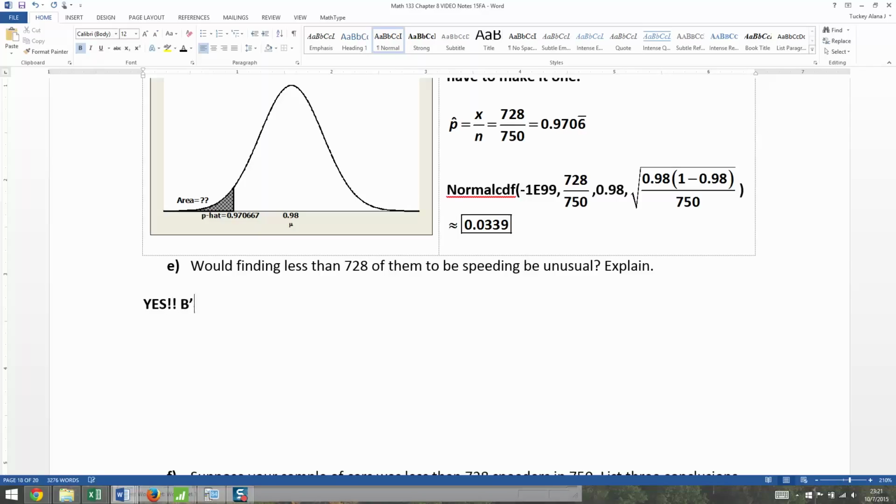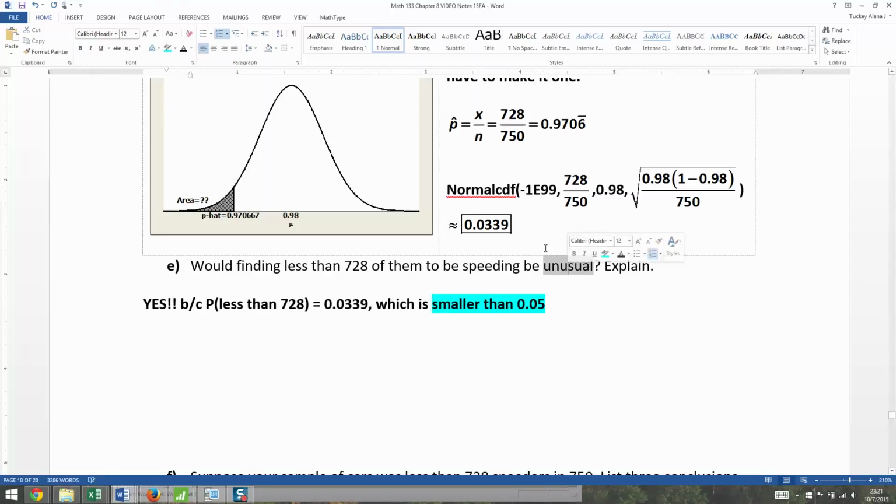Because the probability of less than 728 is equal to 0.0339, which is smaller than 0.05. Remember, unusual to us means less than 0.05, less than 5%. Remember that from when we first learned that in chapter 3.